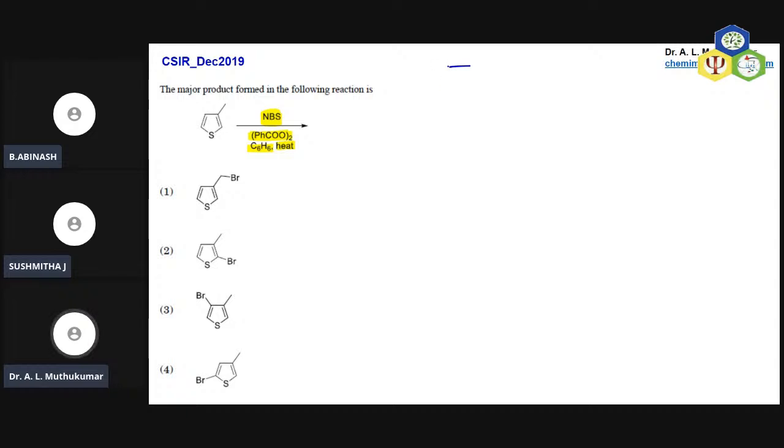Suppose we have only thiophene treated with NBS. NBS is N-bromosuccinimide, and this is its structure.